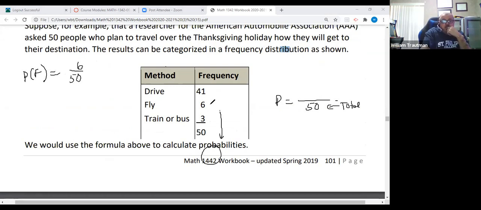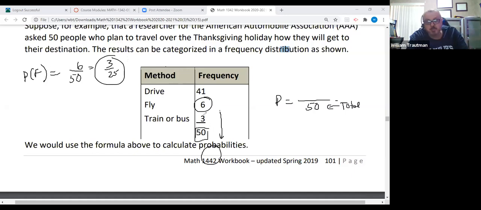Only 6 flew. 6 out of 50, which reduces to 3 out of 25. The only difference here is that you have to add up the total frequency. 6 people said they fly, 41 people said they drive, 3 said they took the train or bus. 50 people total, so 6 out of 50 flew.